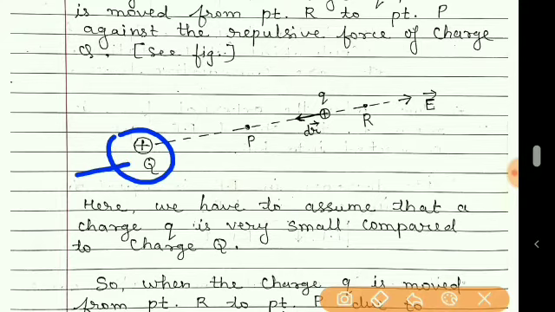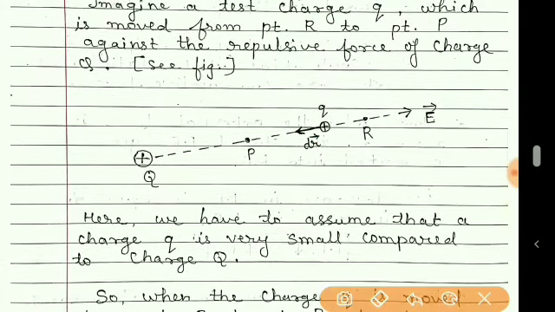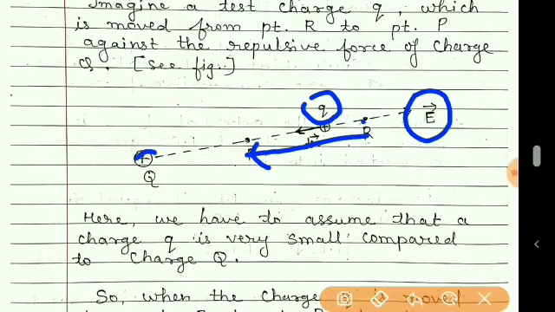Here this charge is symbolically taken as capital Q. Now a small charge which is called a test charge is brought from point R to point P. So here when this small charge particle Q is brought from this point R to P, the work is done against the electric field of this charge, and so that work done gets stored in the form of electric potential energy.